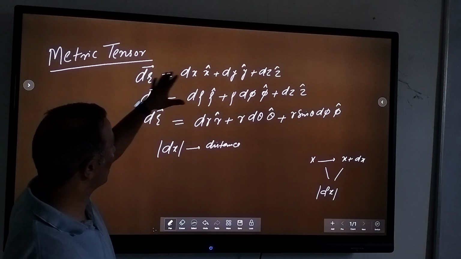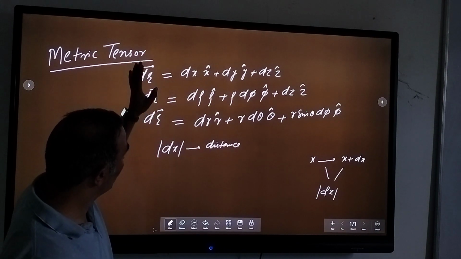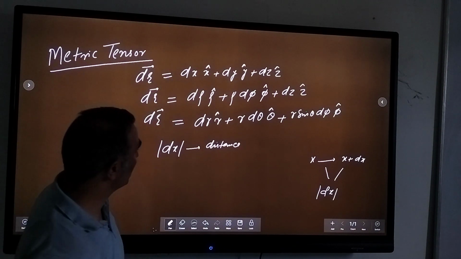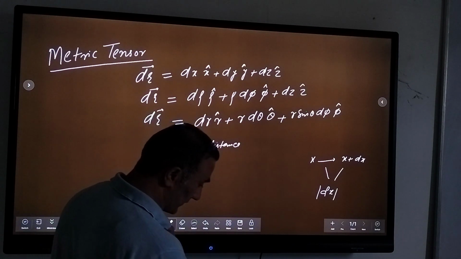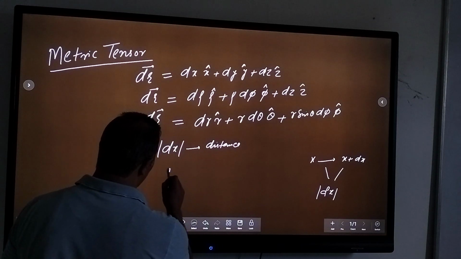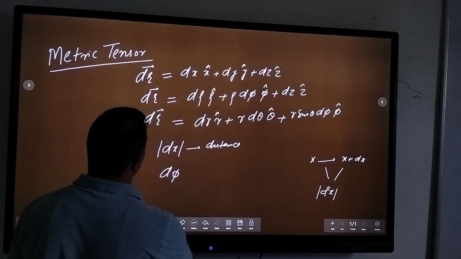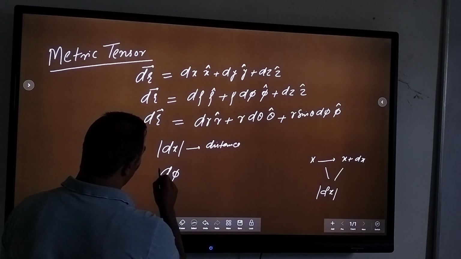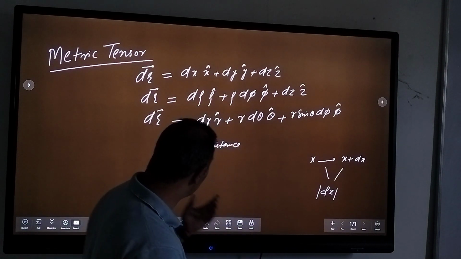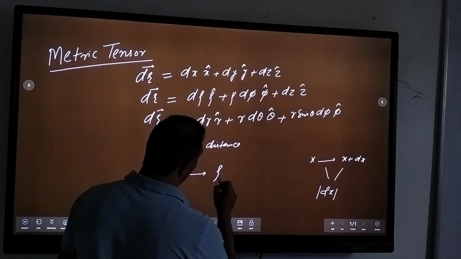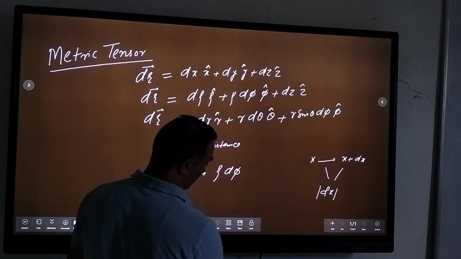For rectangular coordinates it's okay, but for cylindrical coordinates, d phi is not equal to a distance. d phi doesn't have the dimensions of distance.